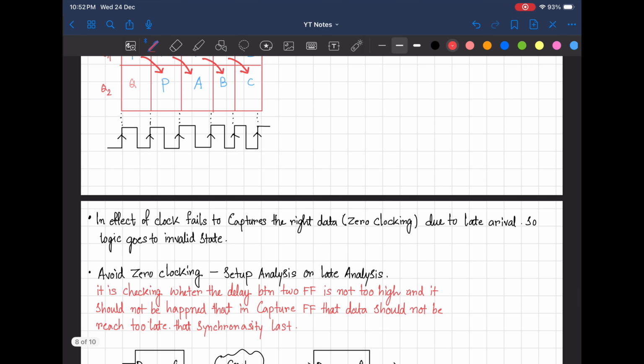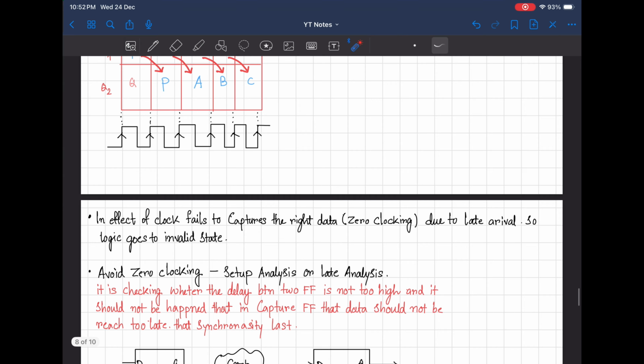For your proper understanding, I have also written what late analysis or setup analysis is, and I am just reading it. If the clock fails to capture the right data due to late arrival at the capture flop, the logic can go to an invalid state. So setup time analysis is also called zero clocking analysis.